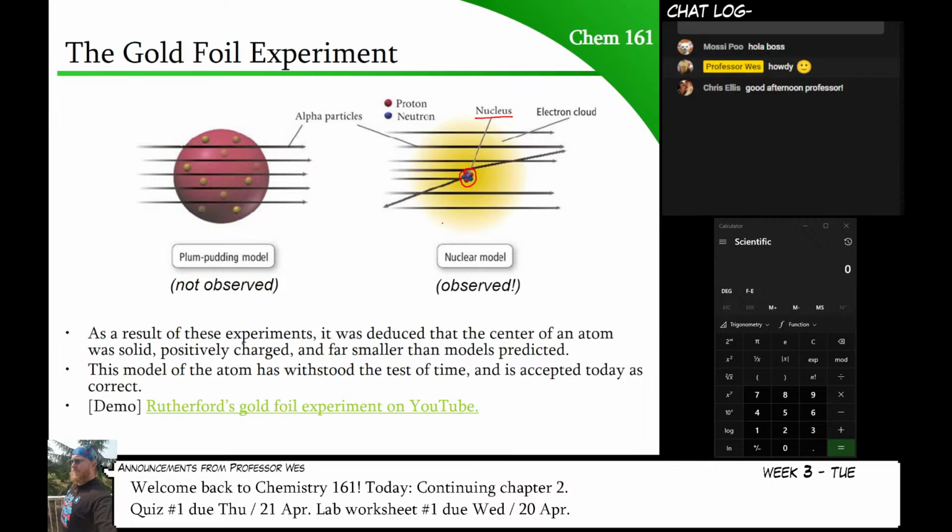We're going to spend a lot of this quarter describing the electron cloud in as great detail as we can. And the reason for that is because the electron cloud, or the electrons that are flying around in it, are basically the entire premise behind chemistry. Chemistry happens because of the electron cloud. The nucleus is cool and all, but it's not what we're going to be studying primarily in this class.